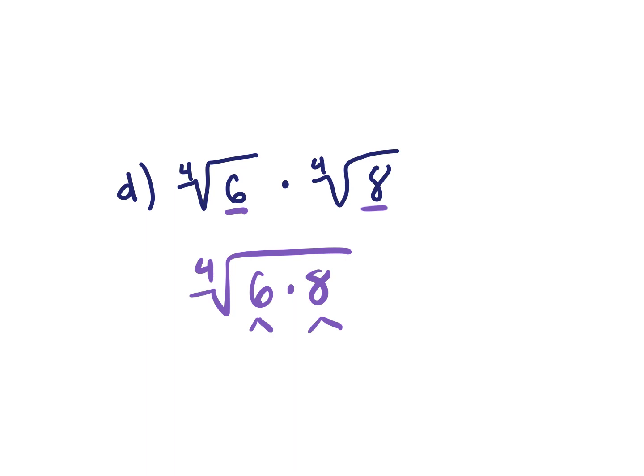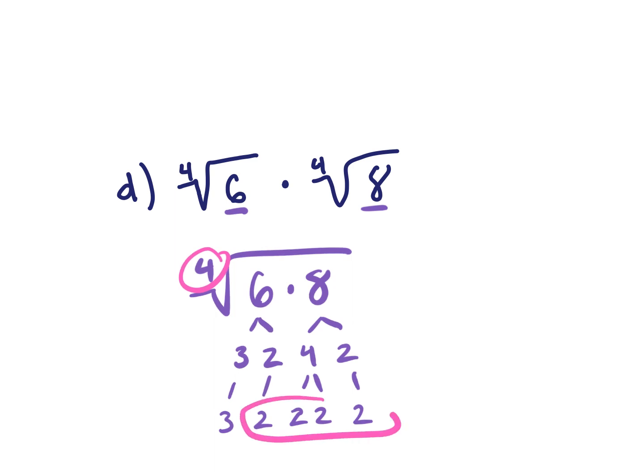What are 2 factors of 6? 3 and 2, and 2 factors of 8, 4 and 2, and 2 factors of 4, 2 and 2. How many of a kind do I need to circle? 4 of a kind. Do I have 4 of a kind? So what comes to the outside? 2. A 2. And I still have something left on the inside.